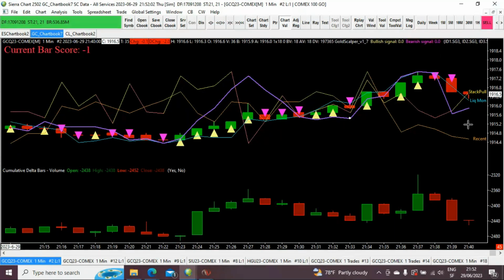So I'm figuring to add this into the calculation of the bar score for the gold scalper. So it will take account of if it's in line with the movement or the activity on the depth of market, and hopefully trade in the right direction.